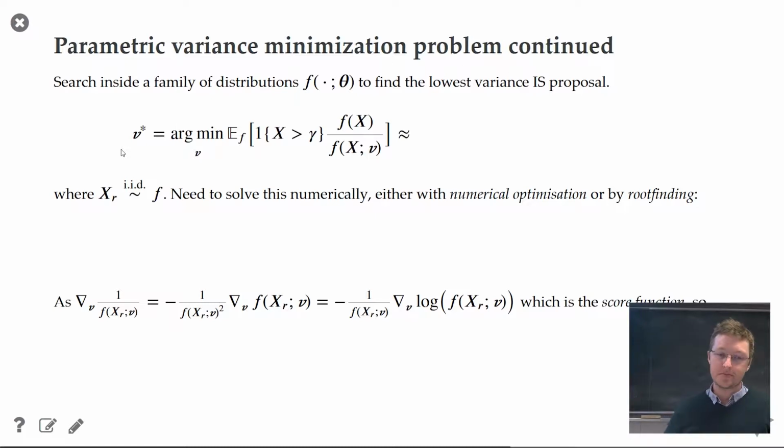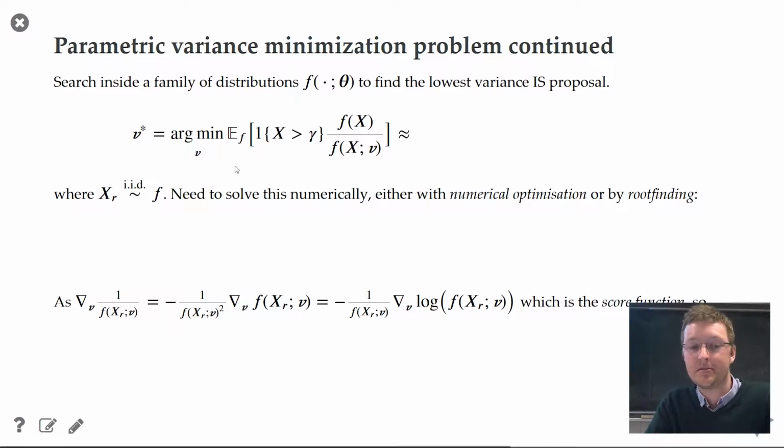How you actually solve that minimization problem, that's quite difficult. The one trick that can be used for this is, instead of solving an optimization of an expectation, you throw in some kind of Monte Carlo step here.